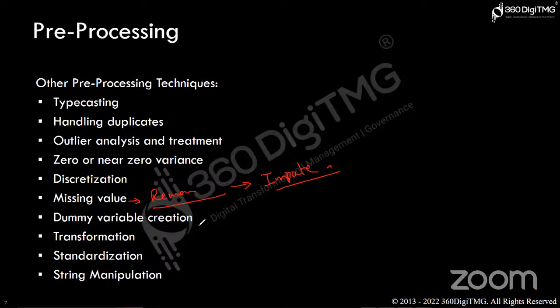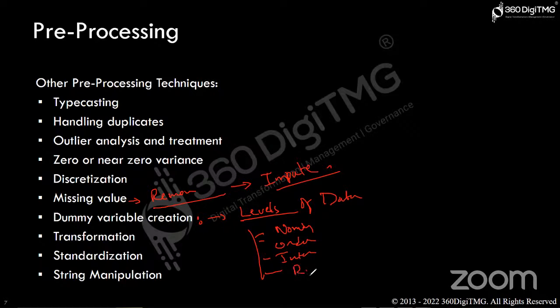Then dummy variable creation. This relates to something known as levels of data. We discussed the levels of data. There are 4 levels. First is nominal data, second is ordinal data, third is interval data, fourth is ratio data.